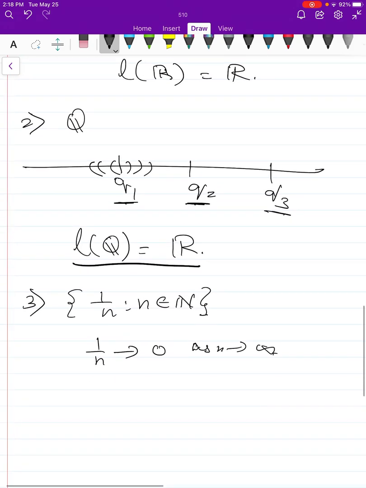If you plot this, there is 0, and 1 over n for n natural starts at 1, so it is kind of the interval between 0 and 1.